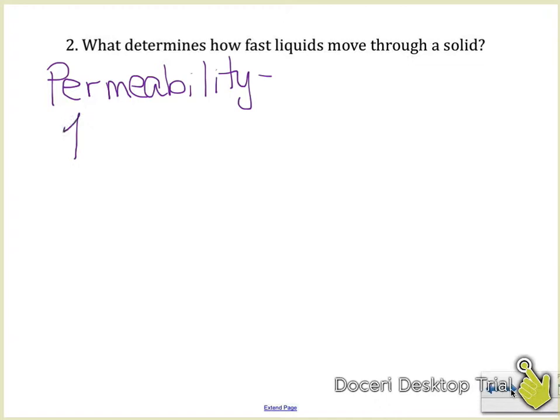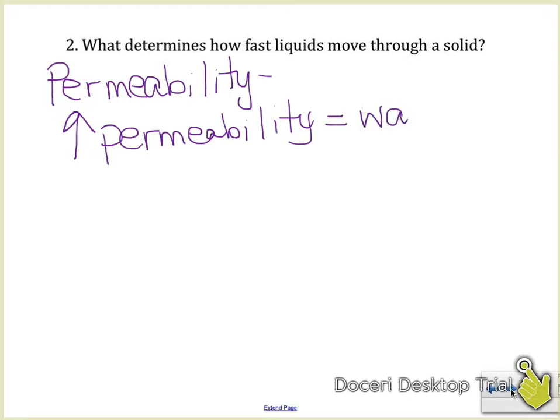So if it's high permeability, I'm just writing this down so that you see it. If you have space, you can, but you also have margins on your paper because this is your notes, so that's fine if you write in the margins. That means the water travels how? Fast. Travels fast. That's an arrow up, high.